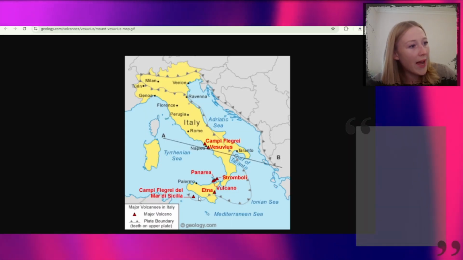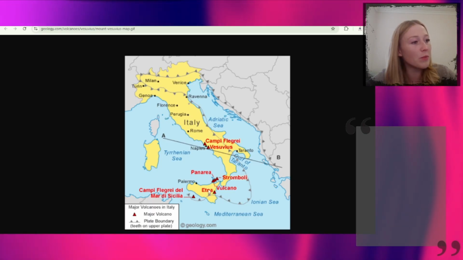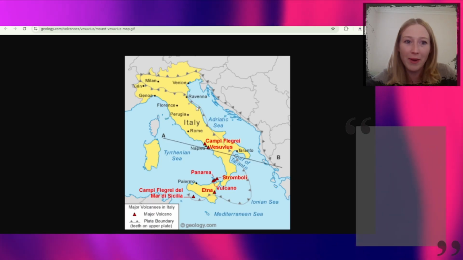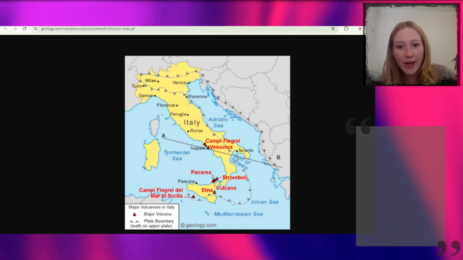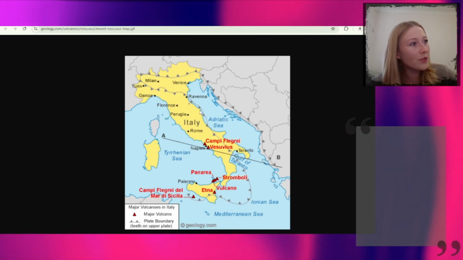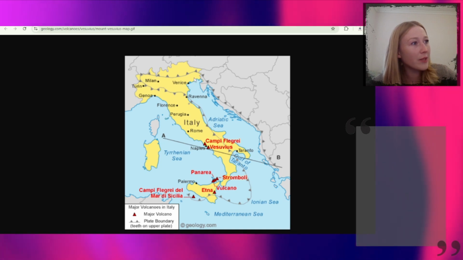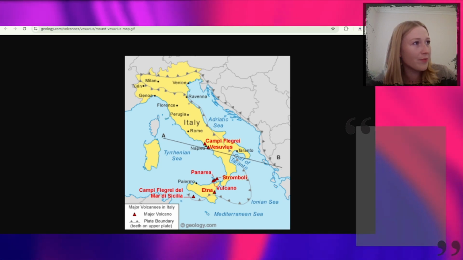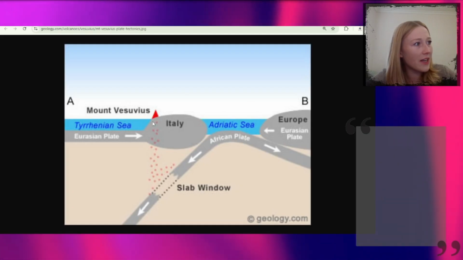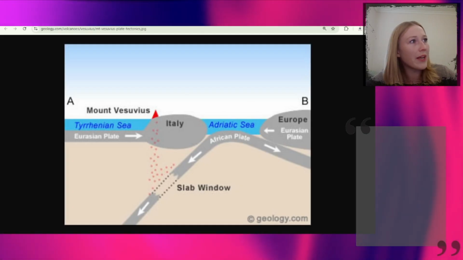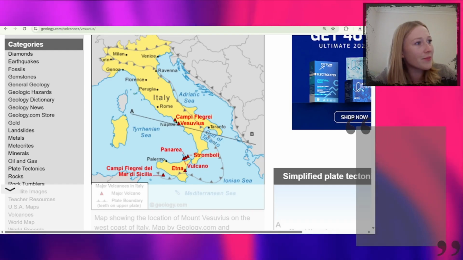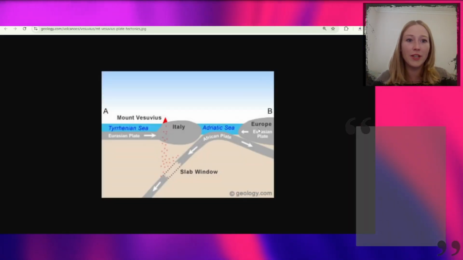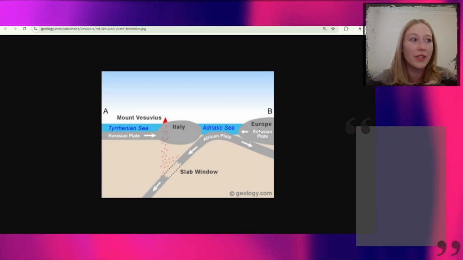The reason why we have these volcanoes here is because it is again on a plate boundary. You can actually see here's this gray line with the little triangles, and it goes all the way around there and it doubles back to there. You have Italy and Europe, or the Eurasian plate over there. So there's Italy and there is the Eurasian plate. And these two are actually converging towards each other.